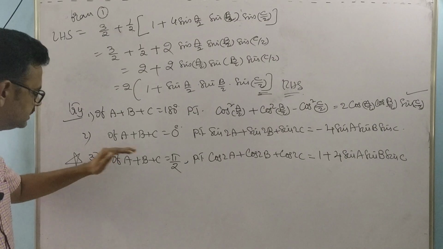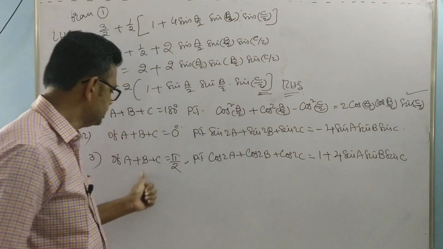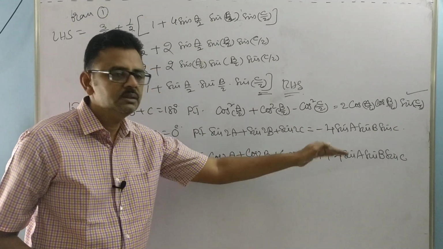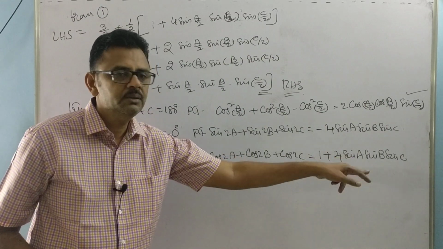Somewhere we can use the results. If A plus B plus C equal to pi by 2, cos 2A plus cos 2B plus cos 2C equal to, so this is the standard result, 1 plus 4 sin A by 2, sin B by 2, sin C by 2.